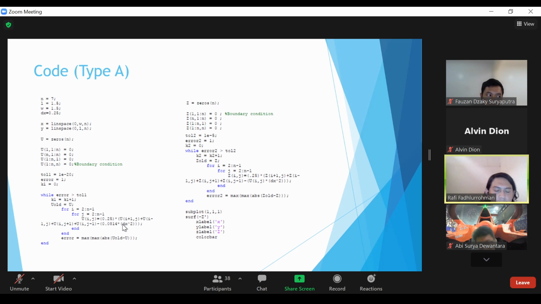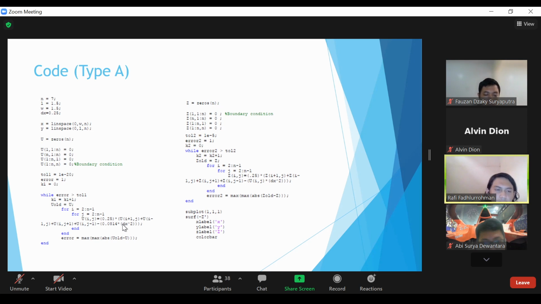And for the equation that Abi explained earlier, we will get the result from this equation, and then the operation will end for the j and for the i. And for the error we define as the maximum of the difference between u and u_out. So when the maximum of each node, the error is still greater than the tol, the iteration will occur.